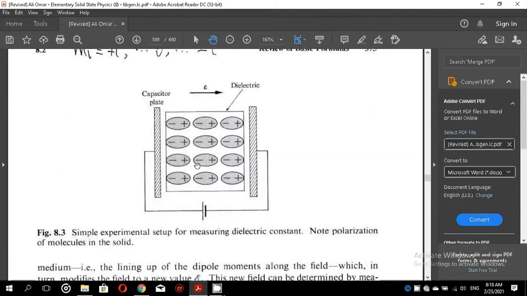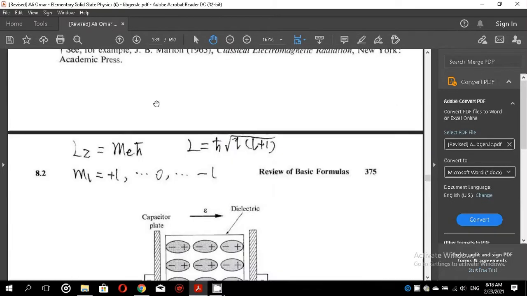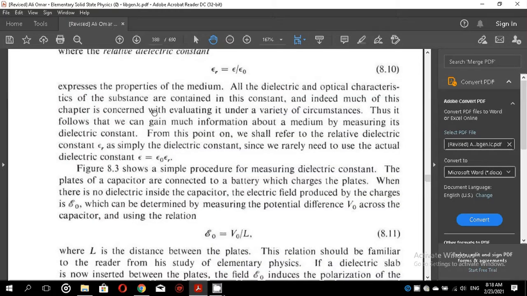Now figure 8.3 over here shows a simple procedure for measuring dielectric constant. How can we measure the dielectric constant of a given medium? The plates of a capacitor are connected to a battery which charges the plates.